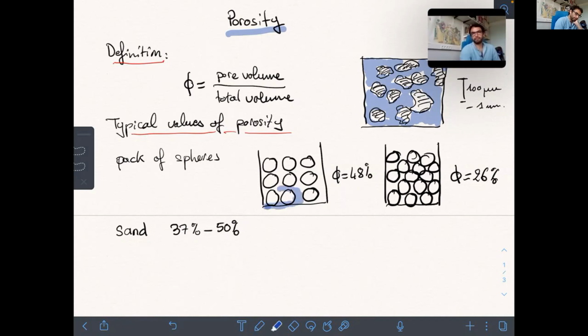So the water, or another fluid, will invade the space like this until we cannot put any more water. And then we measure this new mass compared to the dry mass. And then we have the mass of fluid that has been inside. And then we simply deduce the volume of void that was in that rock.